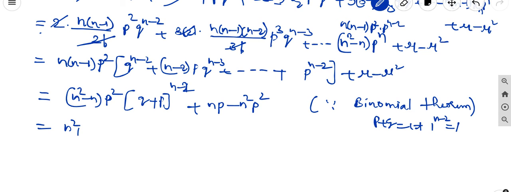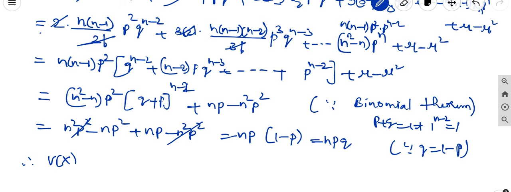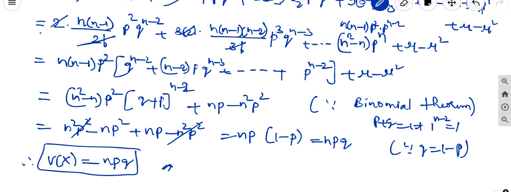It is equal to n square p square minus np square plus np minus n square p square. The n square p square terms get cancelled. Taking np common, we get np into 1 minus p, which equals npq, since q equals 1 minus p. Therefore, variance V of x equals npq. This is the result of the binomial distribution.